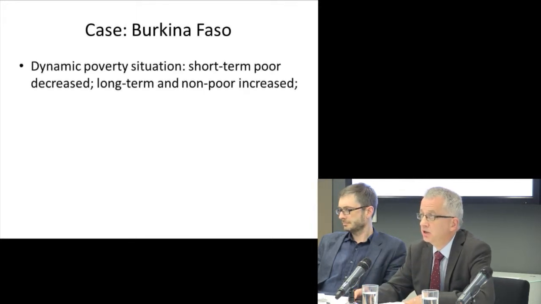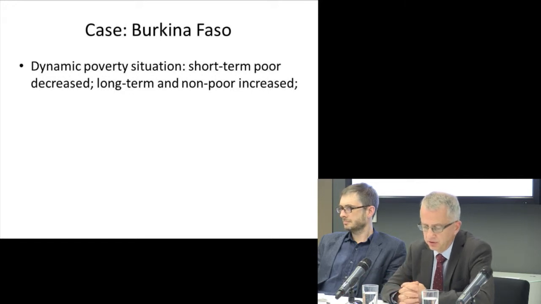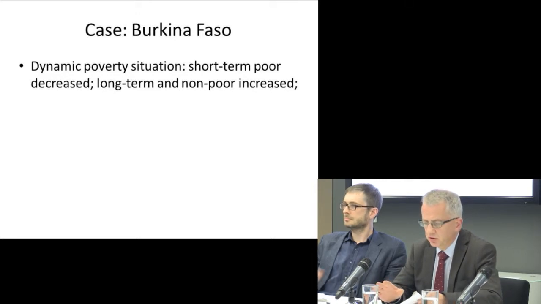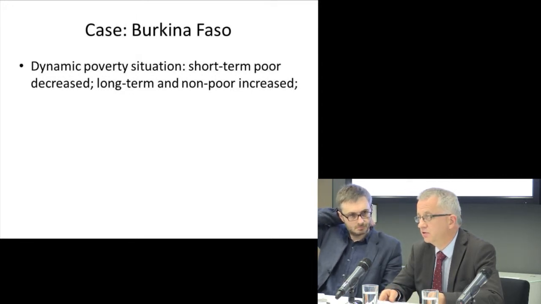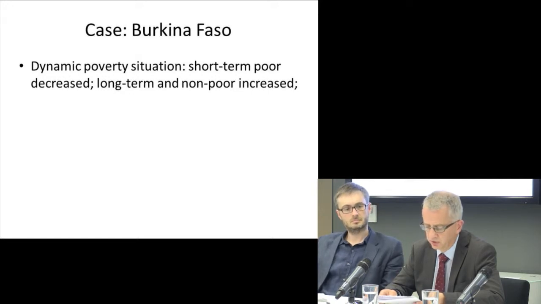If we take Burkina, it's a very dynamic poverty situation in that country. You could talk about a paradox, because there's a high level of economic growth, 5.8% per year from the early 90s up till now, with high population growth.